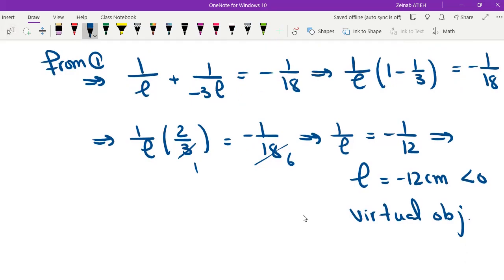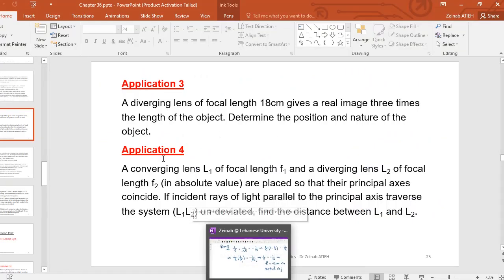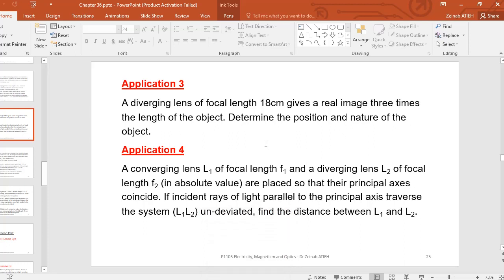Now let's move to problem or application 4. A converging lens L1 of focal length f1 and a diverging lens L2 of focal length f2 in absolute value, so f1, f2 absolute values, are placed so their principal axes coincide.